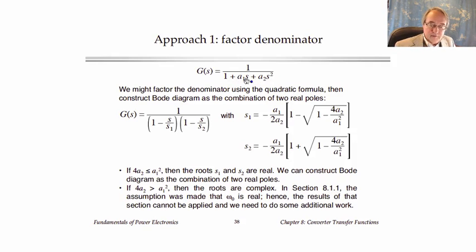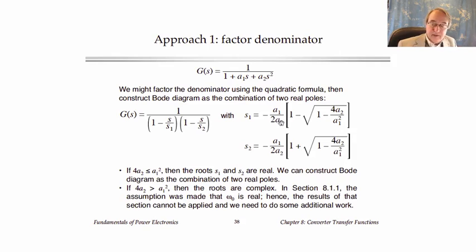So here is our polynomial in the denominator. We could factor it with two roots, and here I've denoted the roots as s1 and s2, and using the quadratic formula, here are the solutions for s1 and s2.